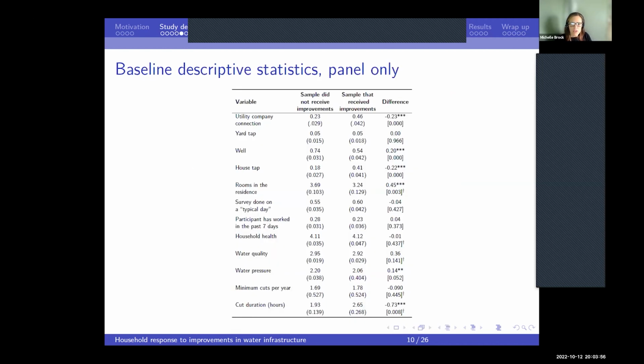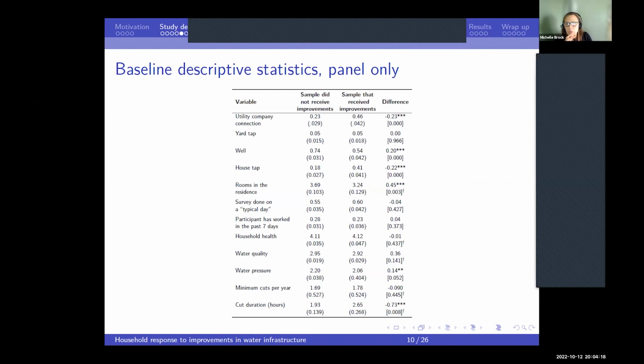In this slide, I show you some descriptive statistics comparing the treatment and control groups, and the final column on the right is the difference between these two groups, and there's a lot of differences, and this just underlies the importance of the econometric procedure we use.